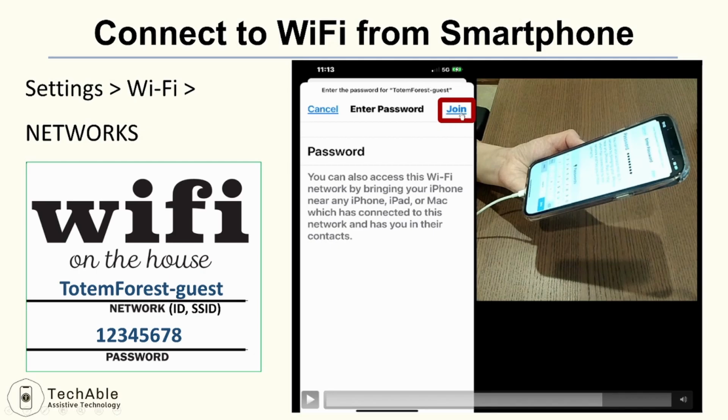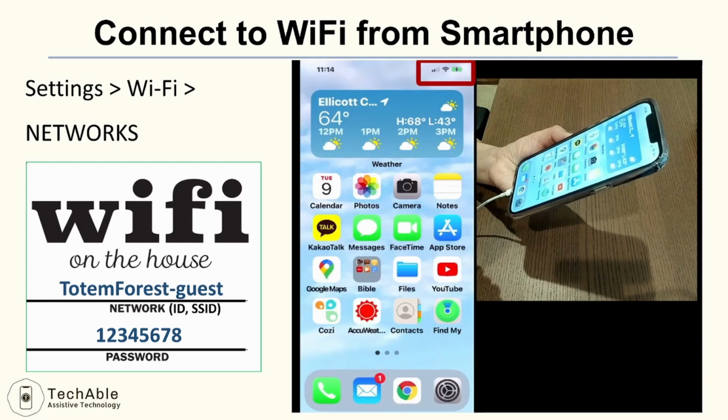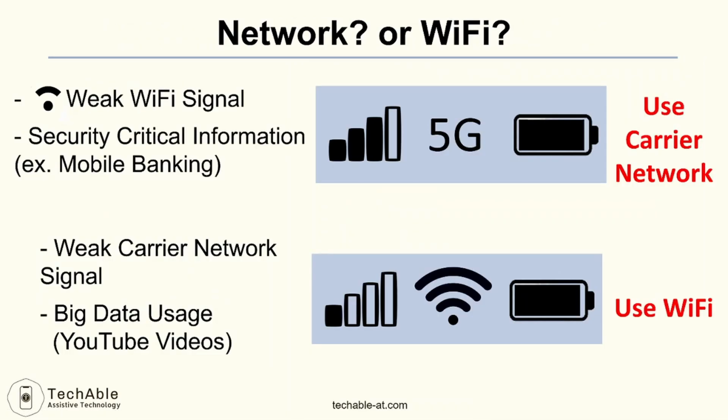So tap this join to connect to the router. And now if you look at the upper right corner of the phone screen, you'll see this Wi-Fi icon next to the vertical bars, which means this phone is now connected to a Wi-Fi.